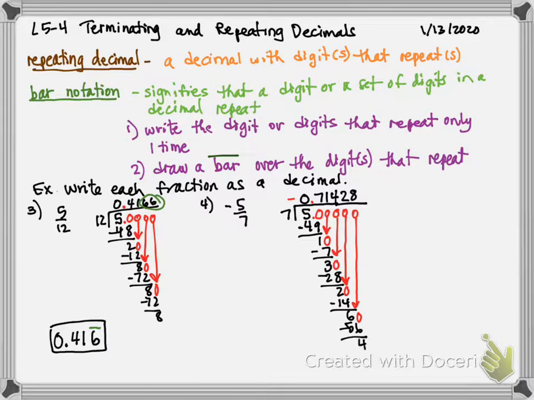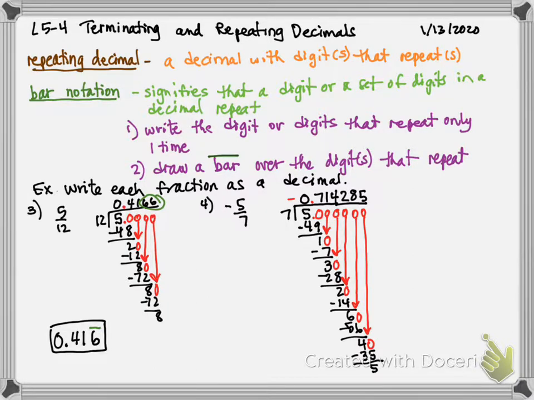And then we get a difference of 4. So if we annex a 0, 7 goes into 40, let's see, 5 times, which is 35. Get a difference of 5.